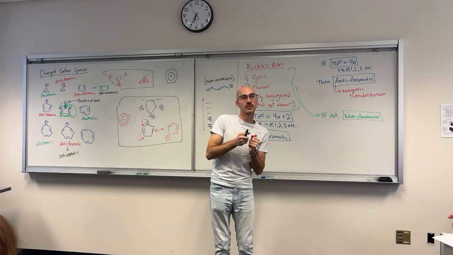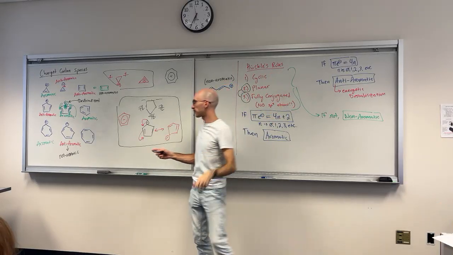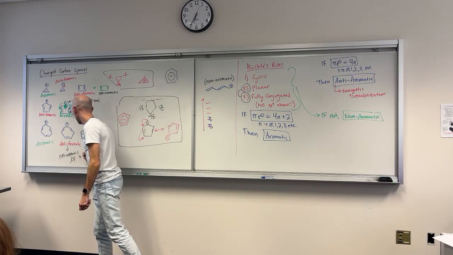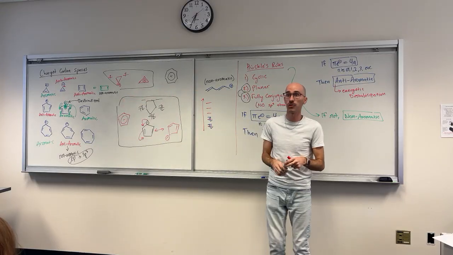Good. It's going to try to hybridize that lone pair into an sp3 orbital. So I'm going to say lone pair, LP, in sp3 orbital. That's what it's going to try to do.